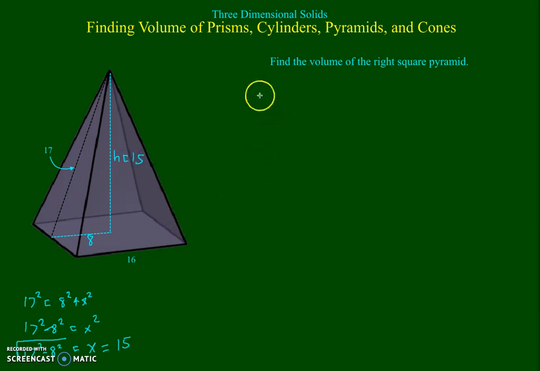And so our volume now becomes 1/3 area of the base times height. And so this is 1/3. The area of our base is simply going to be 16 times 16, so this is going to be 16 squared. That's the area of our base, because it's a square base, times our height, which is 15.